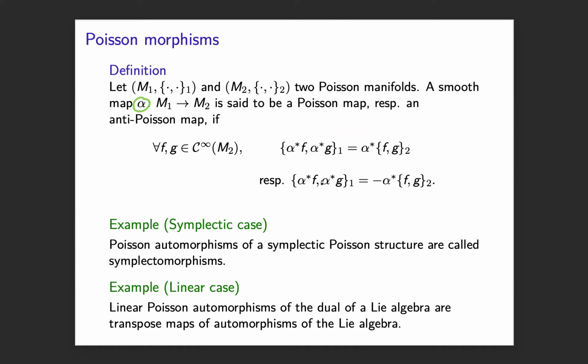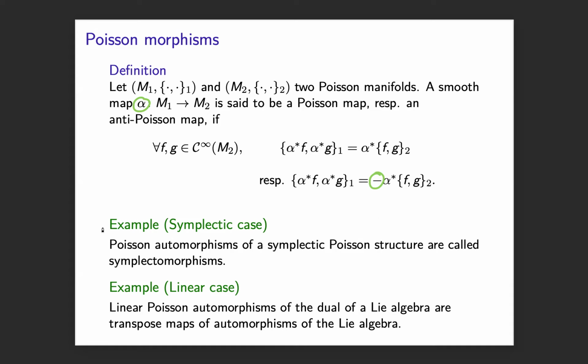So it's very natural. We will also need a notion of anti-Poisson map later on. And alpha is an anti-Poisson map if it anti-commutes with the bracket. This is just a detail.